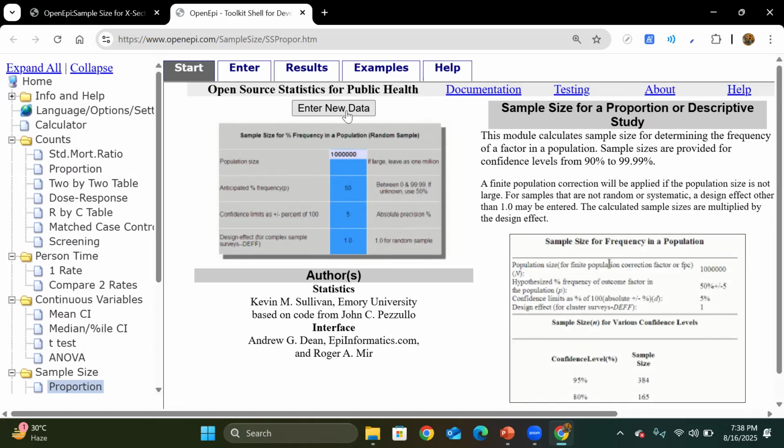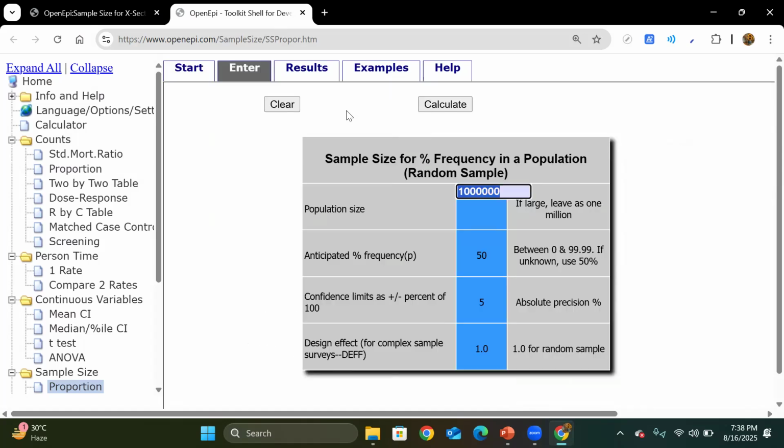I will press enter new data. Firstly, it's asking what your population size is. Population size determination is a topic on its own, so bear with me for now. Let me give you an example.